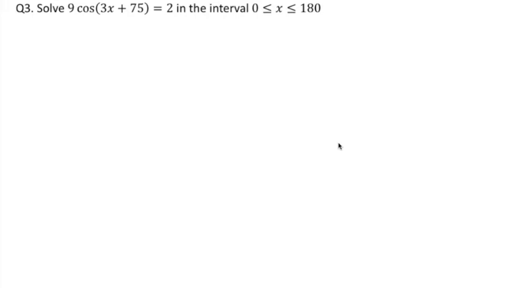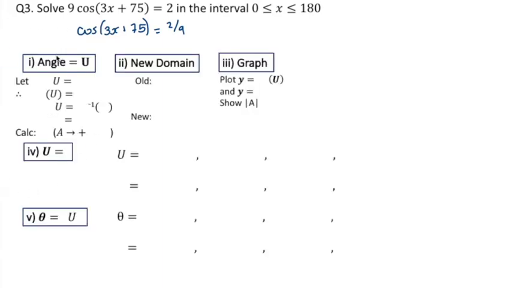Question 3. The first thing we're going to do is get rid of this 9. We just want some trig function of an angle, even if that angle is a really horrible looking angle like this one is, equals some number. Now we're ready to use our 5 steps because we've already got it in this form.